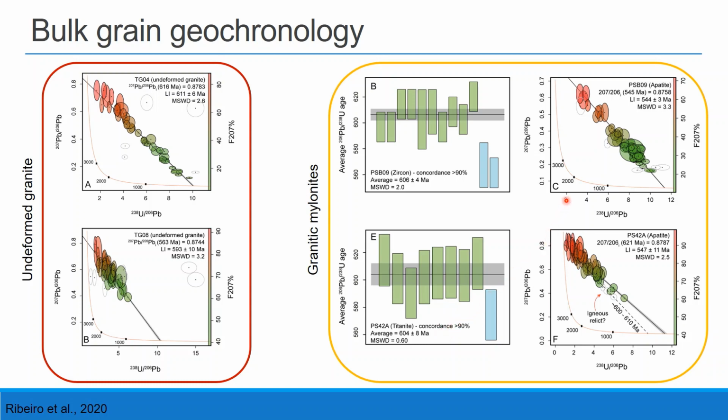But when we move to the apatite, we actually get much younger ages at 544 plus minus 3, 547 plus minus 11. So this is already indicating to us that the apatite has been thermally reset, or at least reset.